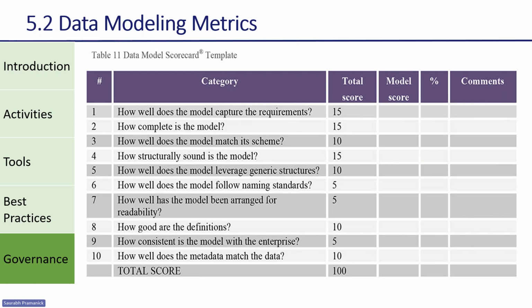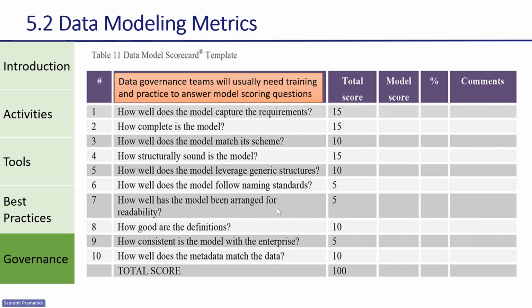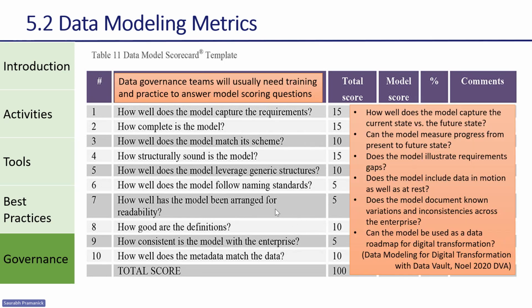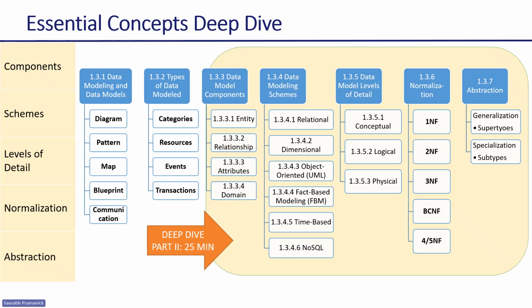So with all these kinds of things, you can create an entire metrics scorecard around it and start publishing. It's not a one-time exercise. As you periodically check this data model effectiveness, that will help you.